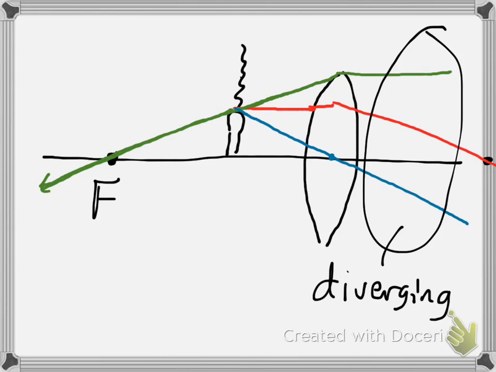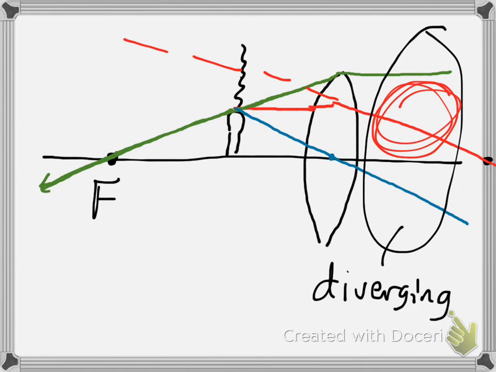So what can we do? What we do is extend the rays on this side of the lens backward. Right? So in other words, this ray is going to get extended back this way.